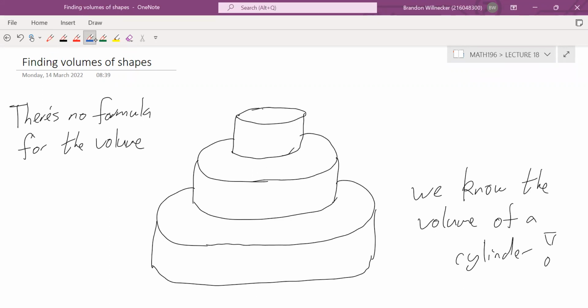So for this first layer, maybe we know the radius and we know the height. If we know the radius of the cylinder and the height of the cylinder, we can find the volume. So we can do it individually.